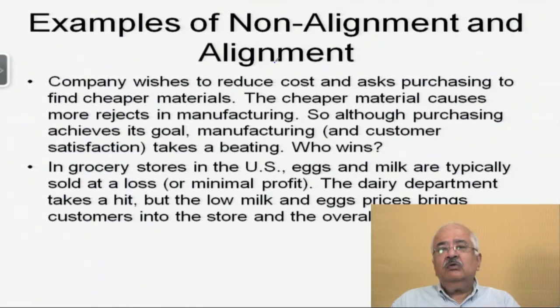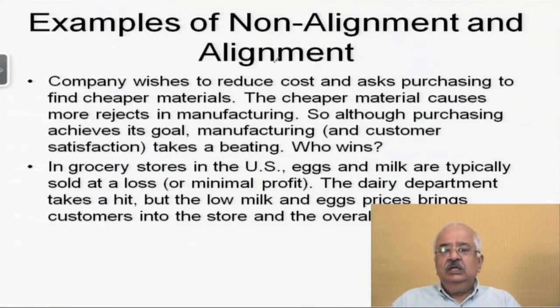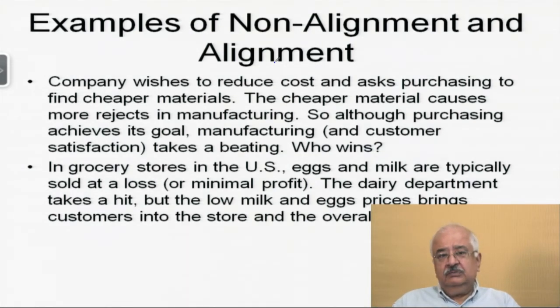Because when we look for cheaper materials, purely going by the unit price, the cheaper material could possibly be of inferior quality, especially if the purchasing person is really not well versed in the quality aspect of the particular material or the product, and this possibly could cause more rejects and more scrap in manufacturing.